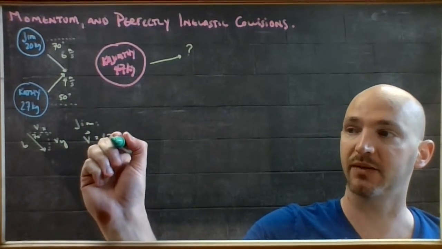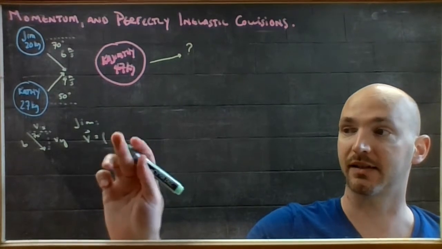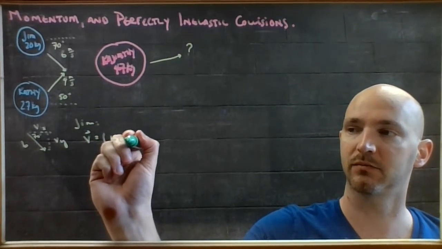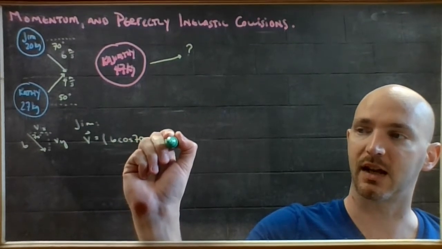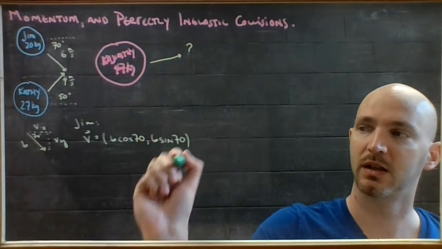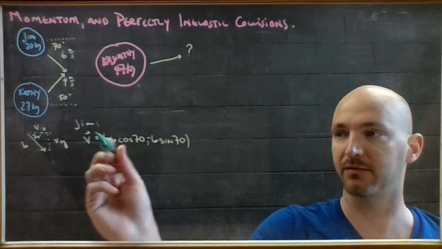is going to be 6 cosine 70, 6 sine 70. And this velocity in the y direction is headed downwards, so I'm going to make it negative.